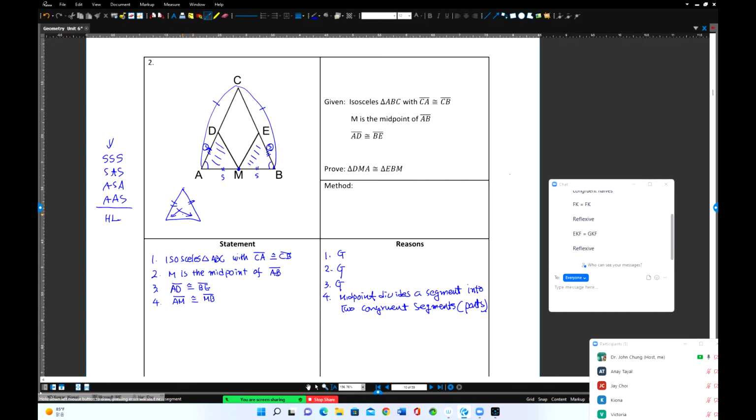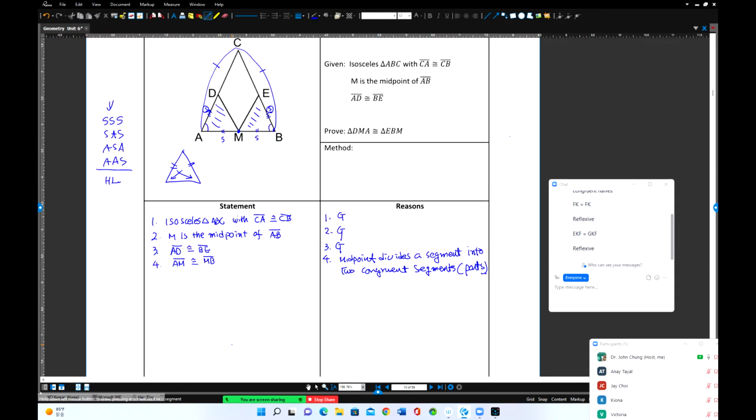That's the right theorem. Now we can go this way. CA is already congruent to CB up there. I'm going to mark in red over here. Opposite congruent sides, so you have to say angle A congruent to angle B.